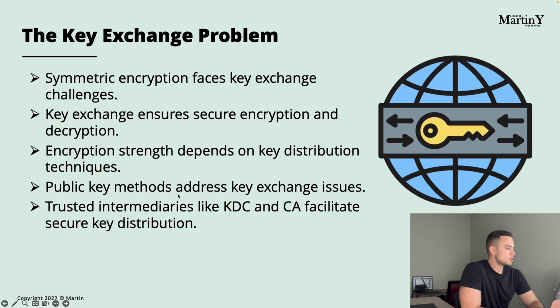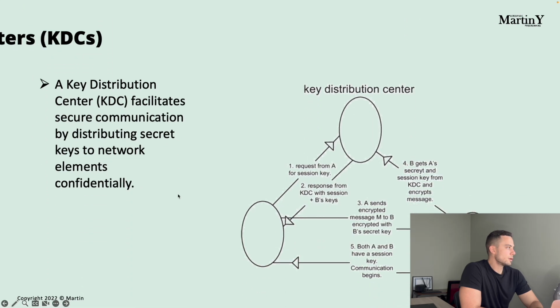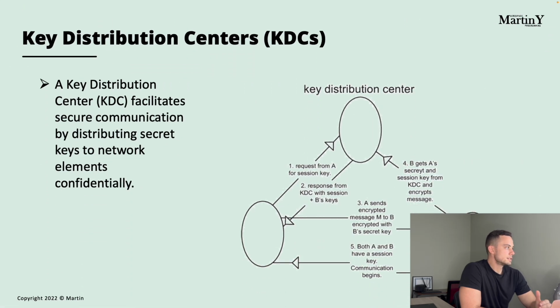Okay, so the first one that we're going to talk about is the KDC, the key distribution center, and this center is used for generating symmetric keys. On this scheme you can see how it works.